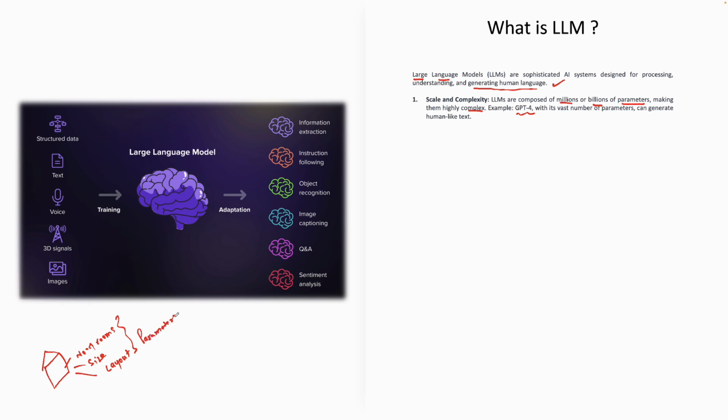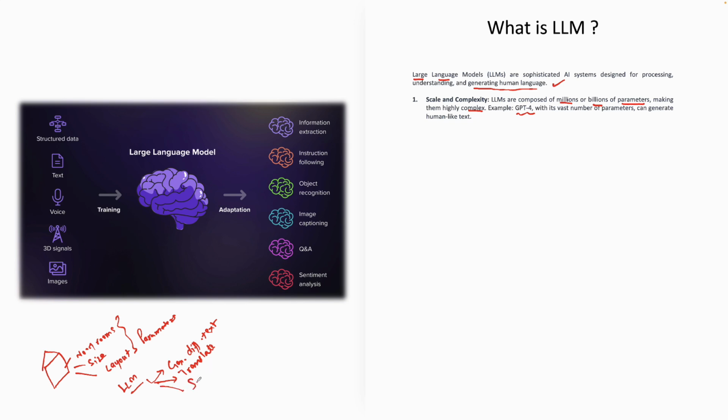Now, if we translate this into an LLM, what could be the parameters for an LLM? It could be the ability to generate different types of text. This is one parameter. It can translate text, so if you give it in English, it can give you in French, in German.